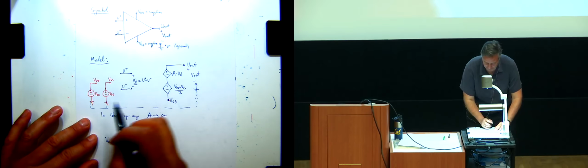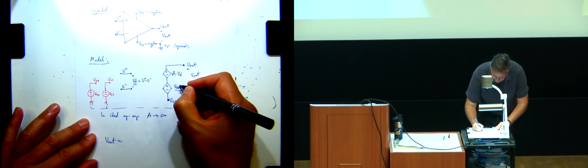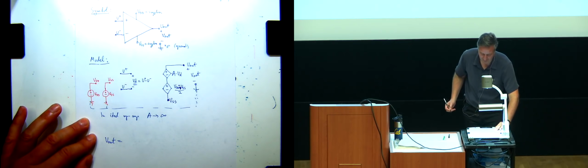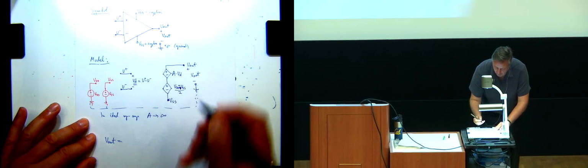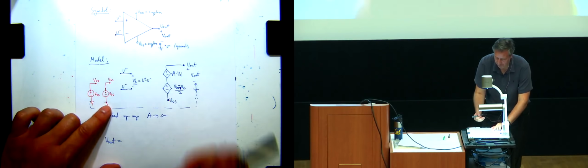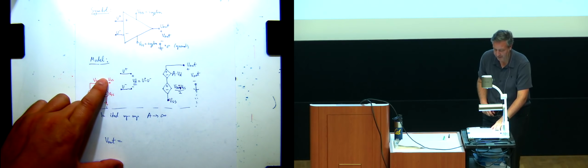Okay, so we have, sorry, let me see, this is VDD minus VSS. Just a little correction. So, okay, let's go from this node over here. That's a common node, right? So we go VSS up.